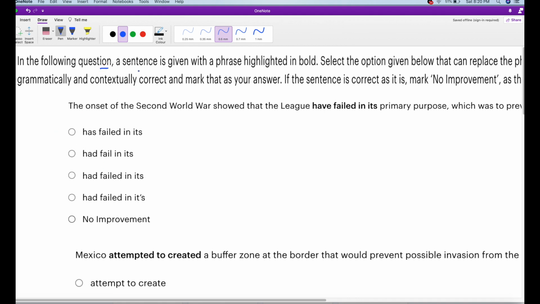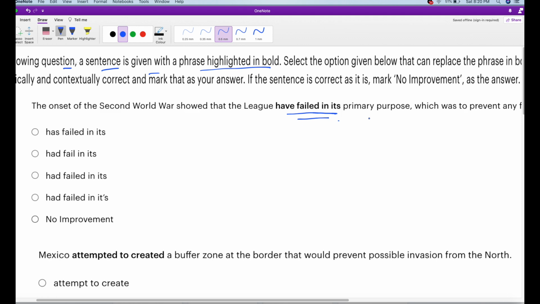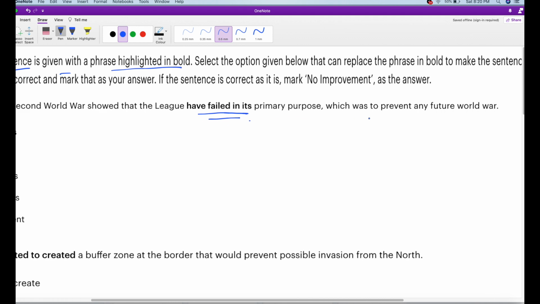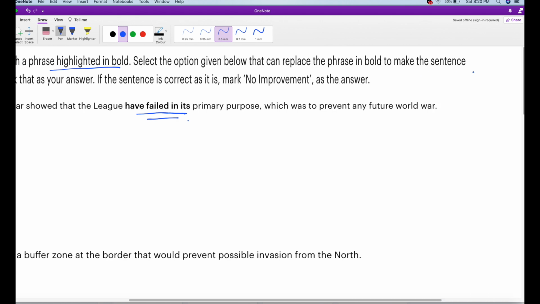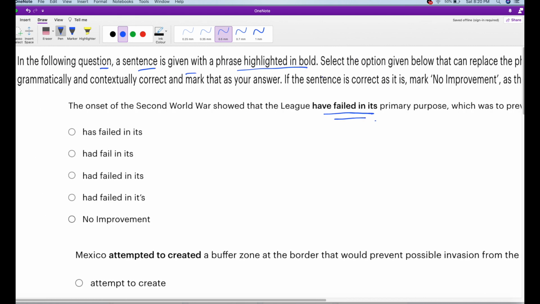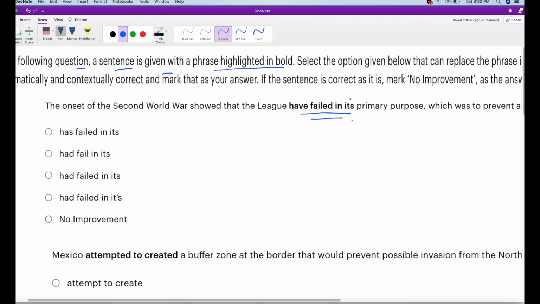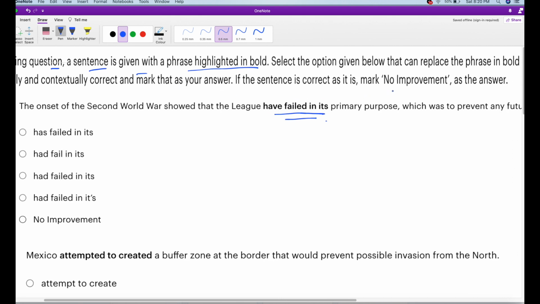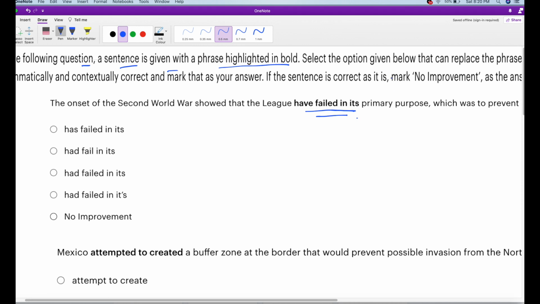In the following question, a sentence is given with a phrase highlighted in bold. So here you can see a phrase highlighted in bold. Select the option given below that can replace the phrase in bold to make the sentence grammatically and contextually correct and mark that as your answer. If the sentence is correct as it is, mark no improvement as the answer. The question means here you have a phrase highlighted in bold.